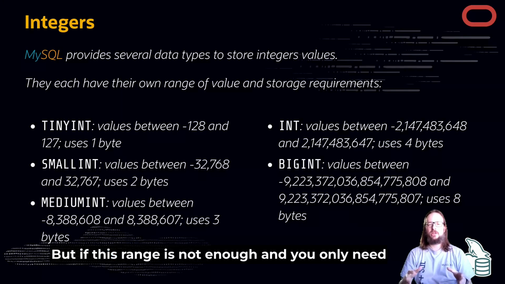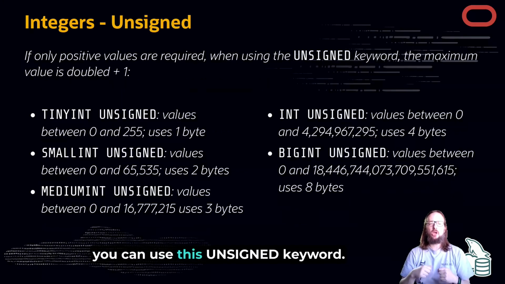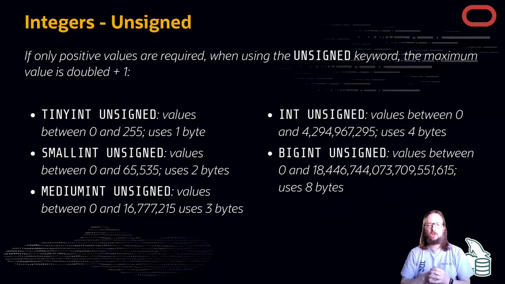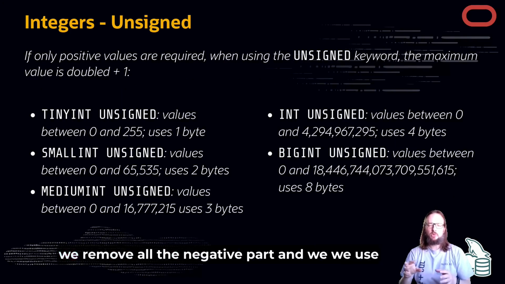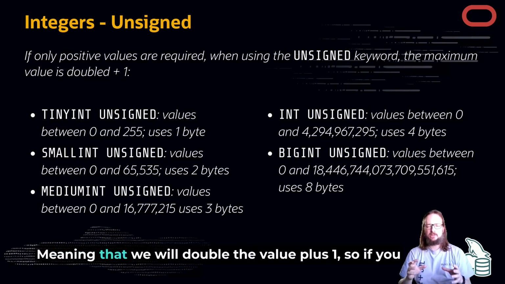But if this range is not enough and you only need positive numbers, so no need for negative, you can use this unsigned keyword. When we use unsigned, we remove all the negative part and we use all the storage available to store positives, meaning we will double the value plus 1.